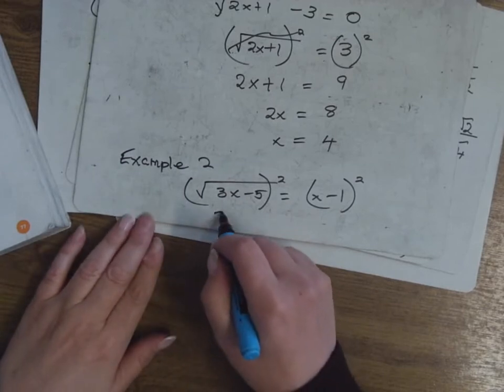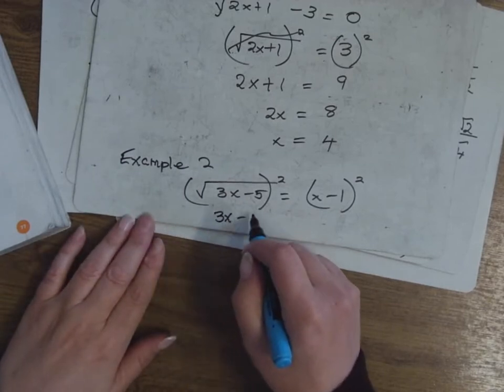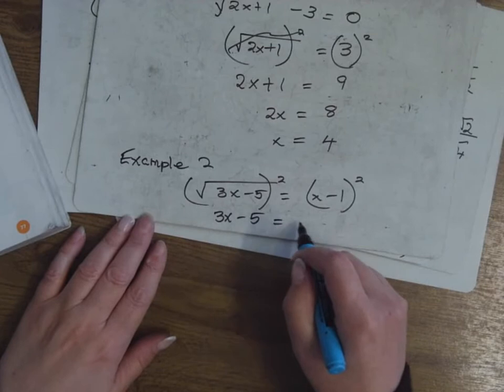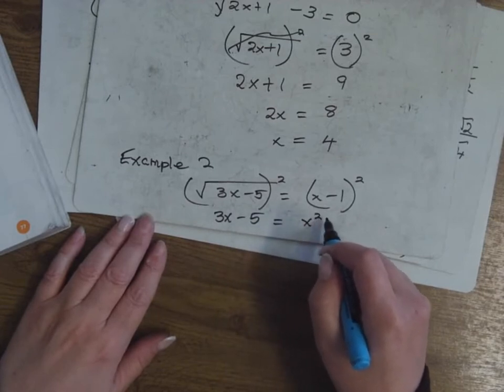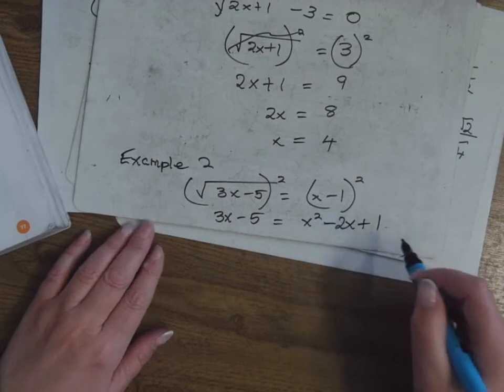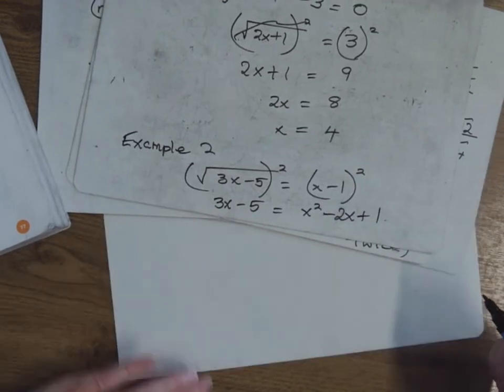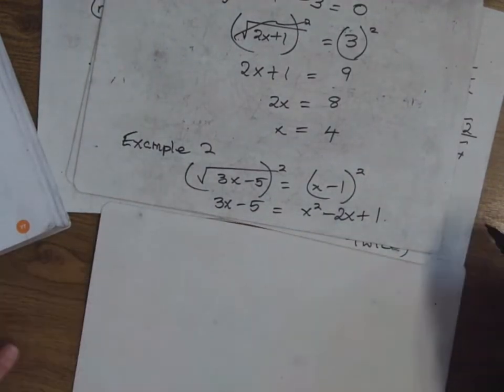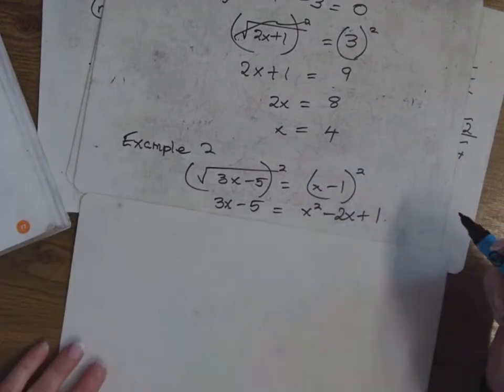So here I'll get 3x minus 5. Over here I have to square the first, twice the first by the second, square the last. So then I need to bring everything to the left.